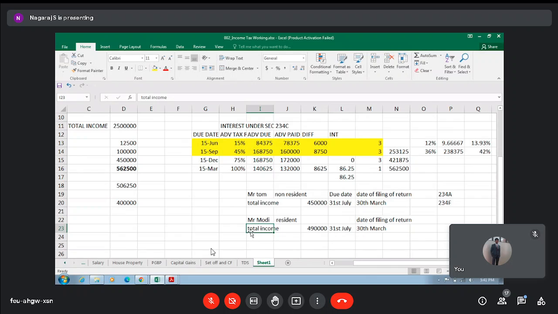How much? 900. Total tax plus interest comes to how much? 10,900. Okay. For base tax, I'm not calculating surcharge and all. Base tax 10,900. What is 234F for both?